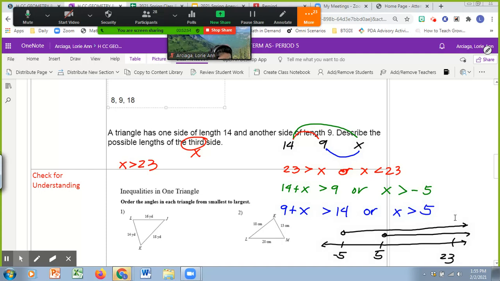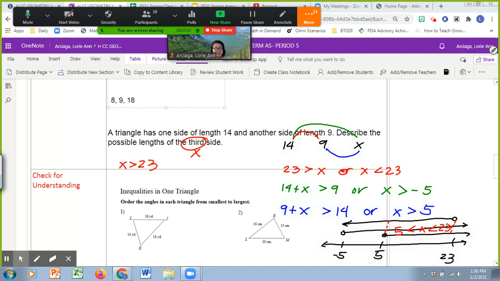And then less than 23 is an open circle, goes right there. So where do you see all three lines crossing each other? It goes from here to there, right? So x is between 5 and 23. Right? Now, can you find a shortcut?